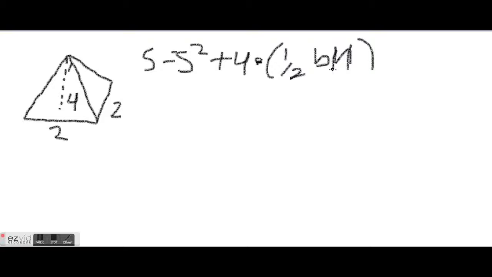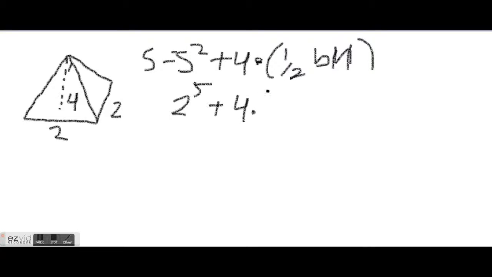Let's go ahead and solve this. So s squared, right? Any side. So that's going to be 2 squared plus 4 times 1/2 times base times height. Well, the base and height is 2 times 4 is 8.